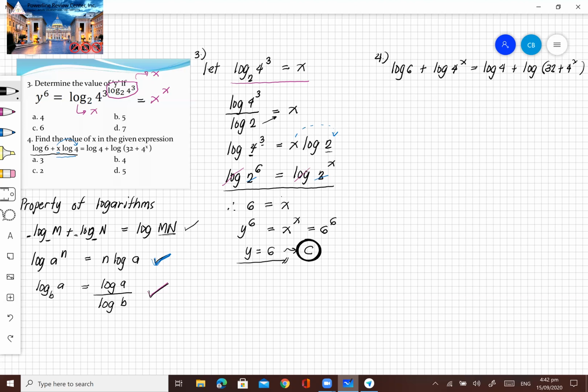So, we may rewrite the equation as logarithm of 6 naka-multiplied kanina 4 raised to x. Same also at the right side. You may write the equation as logarithm of 4 naka-multiplied kay 32 plus what? 4 raised to x. Yan.